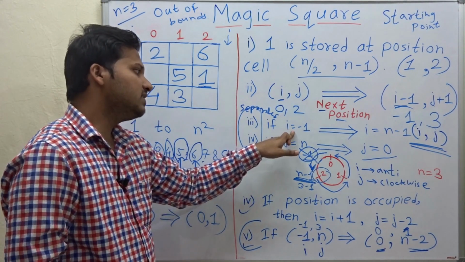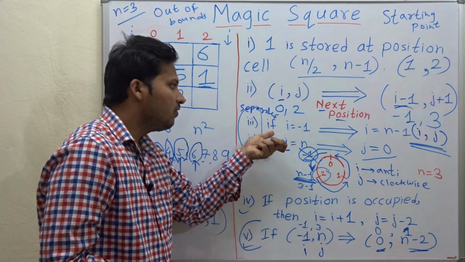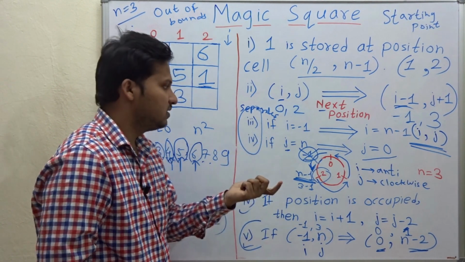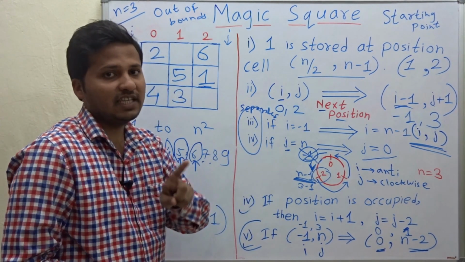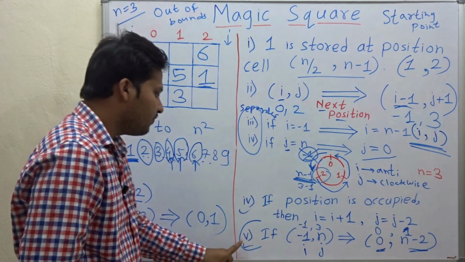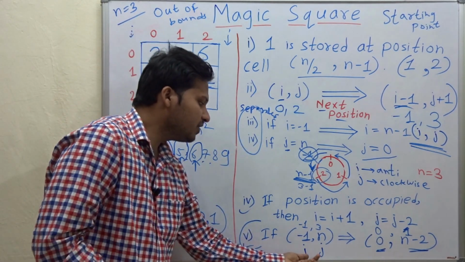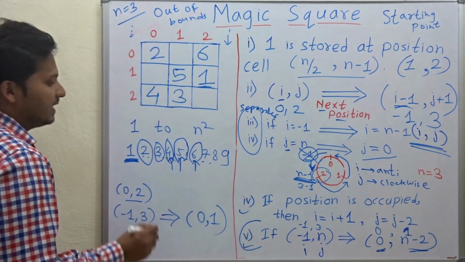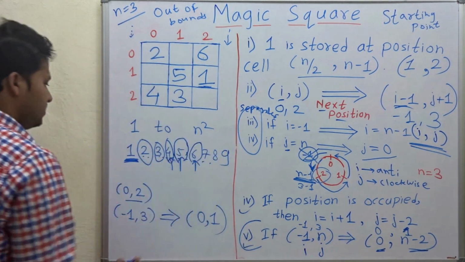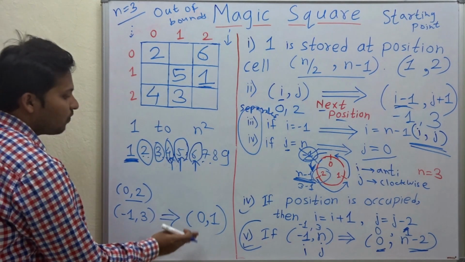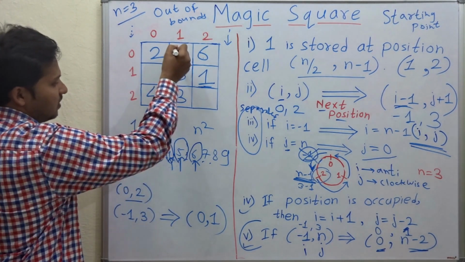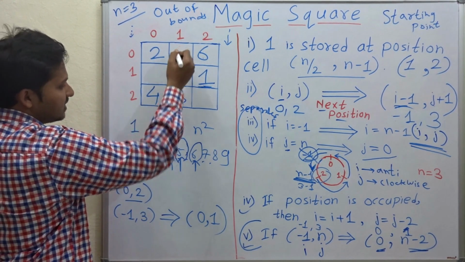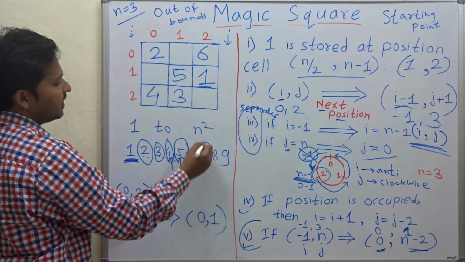Okay, means either one of them were going out of bounds, not both at the same instance. But for the fifth rule, both are going out of bounds at the same instant. Okay, so that is the difference in these two rules. So 0 1 is the next position, and you have to keep the next element, that is 7 there.